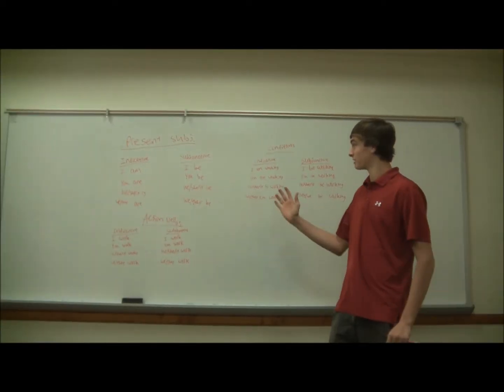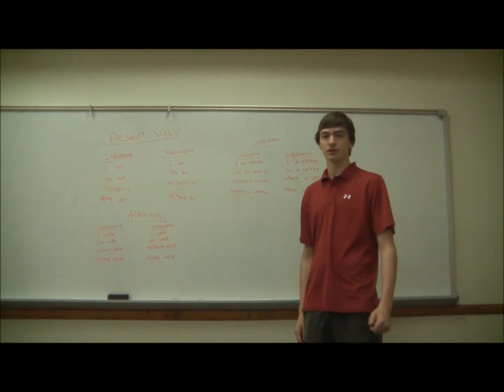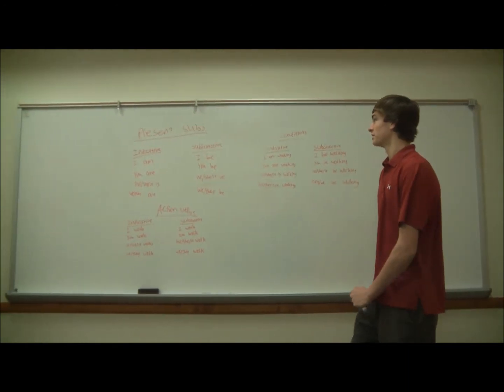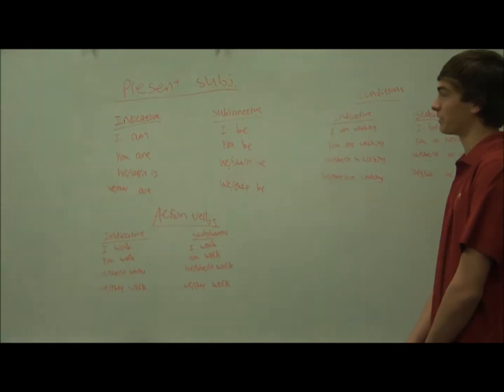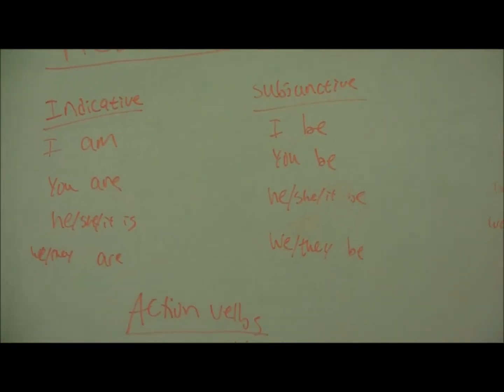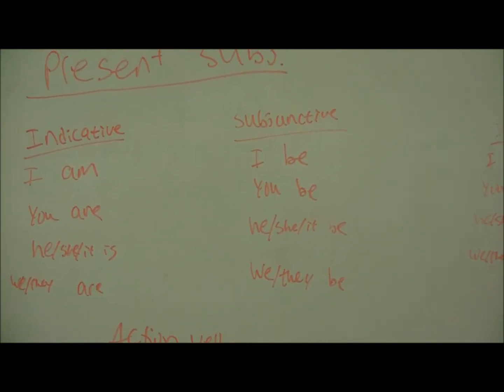So these are the verbs in the present subjunctive, and these verbs are most commonly used for commands or requests. In the indicative form, the verb is I am, you are, he, she, or it is, and we or they are.